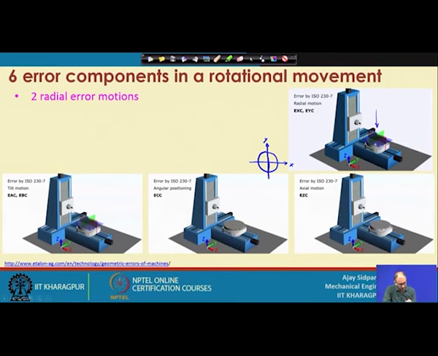Instead of that, it is rotating something like this. Its center is shifted to another location, that is all. If that is happening, then it will rotate in both directions. So, you have a deviation in the x direction also, and in the y direction also, correct.